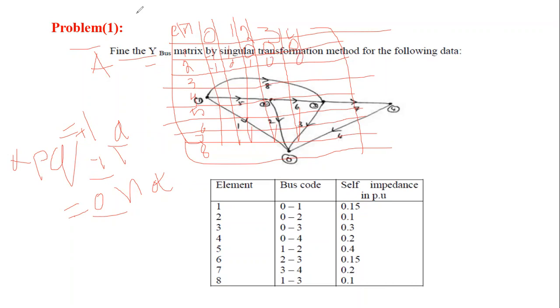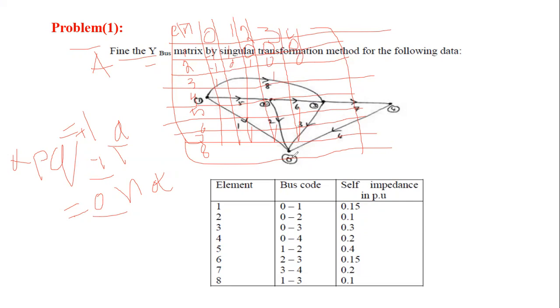Next, coming to element 3. This element 3 is connected in between the 0 node and the third node. We mention 1 for 0 and 1 for the third node. After that, we put the signs. The third element is towards the reference zeroth node.